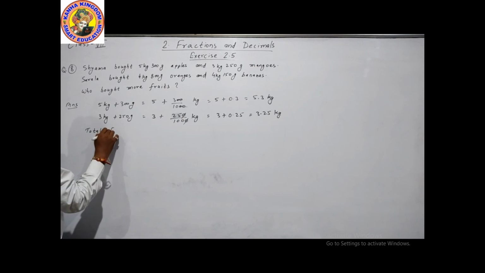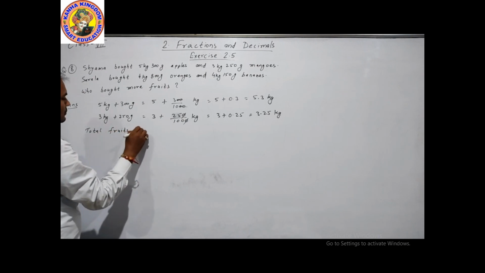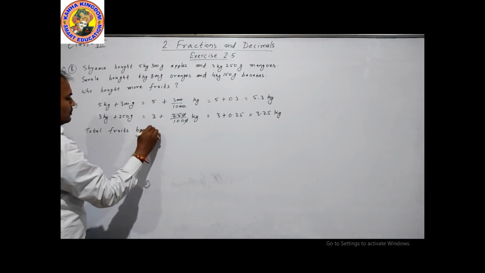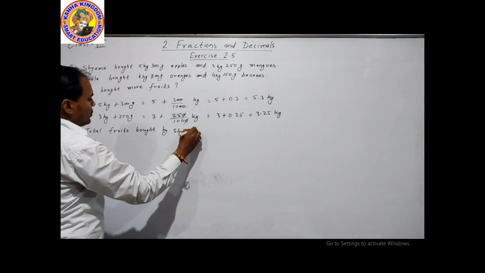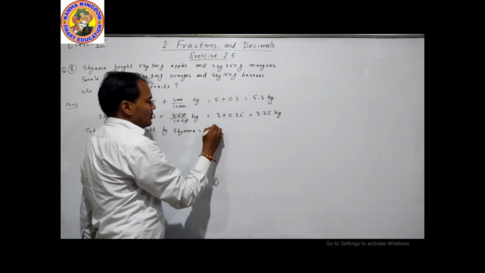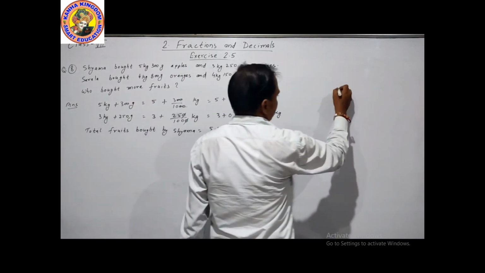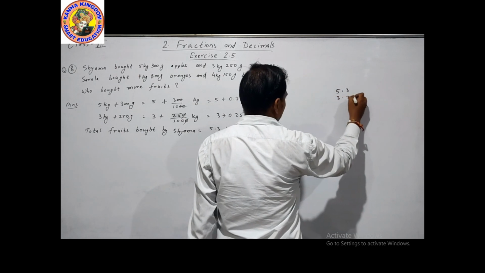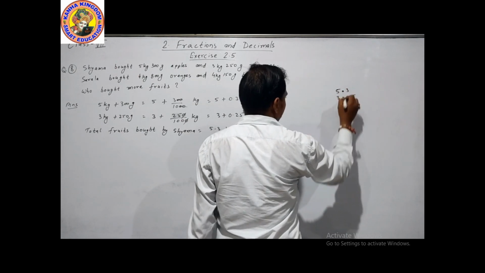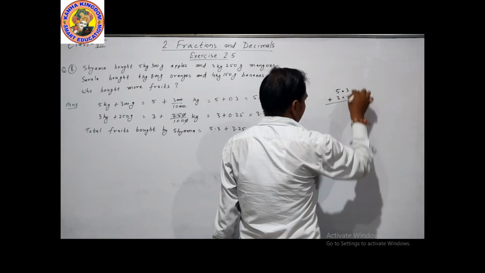Total fruits bought by Shyama is equal to 5.3 plus 3.25. Now 5.3 and 3.25, the decimal point will be situated at the same position for addition.